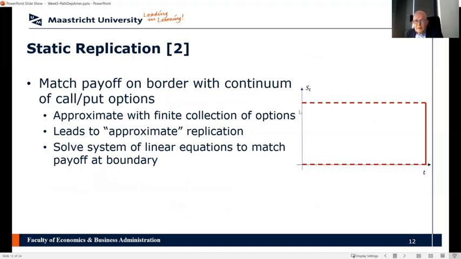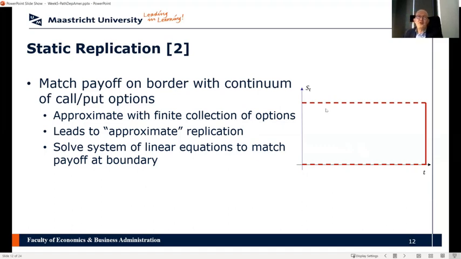Going back to the general case where we also have an upper and a lower boundary. So we know how to replicate any possible payoff at the end here. And then typically what you do is you don't want to use a continuum of options, but that's what I did with the dotted line here. I can use discrete points in time. And then I say I want to solve the payoff at each of these discrete points in time.